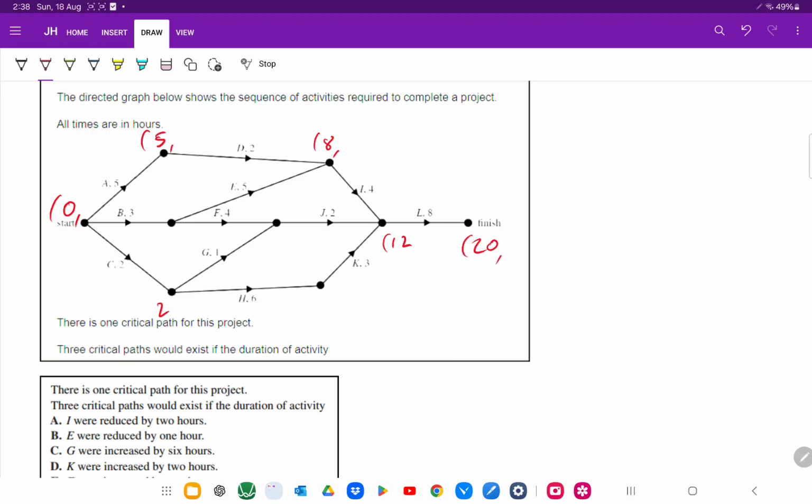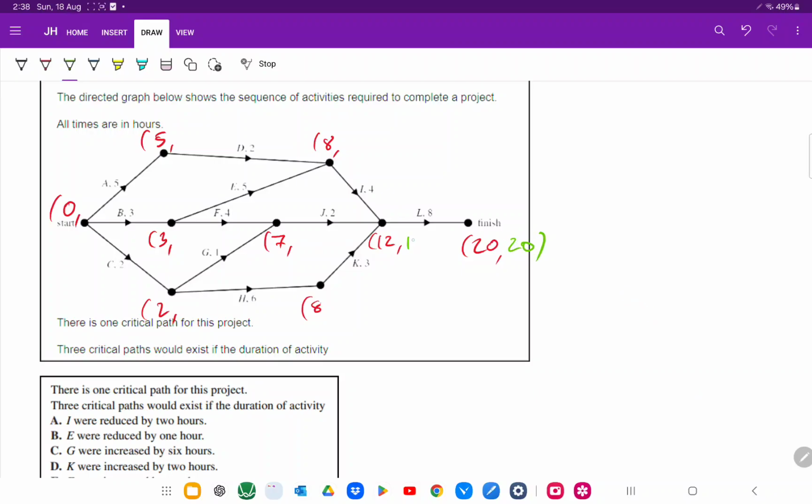So 0, 2, 2 and 8 goes here, 2 plus 8, yep, and 3 is 11, so that means 12 is okay. 2 plus 1 is 3, but there's another path. 3 plus 4 is 7, comma, 7 plus 2 is 9, so in this case this stays as 12, and B to E takes 3. Good. Are all the vertices labelled? Yes. So now let's use backwards scanning.